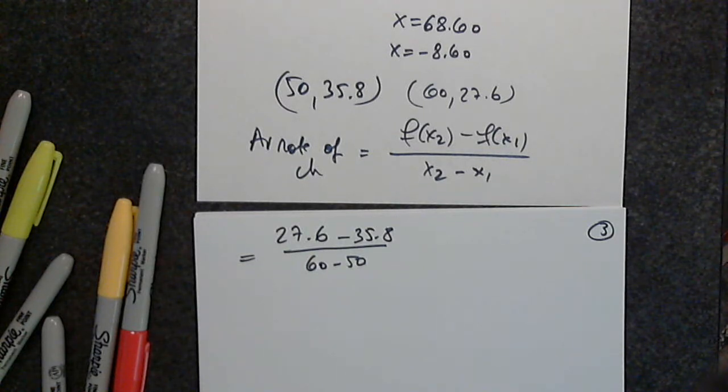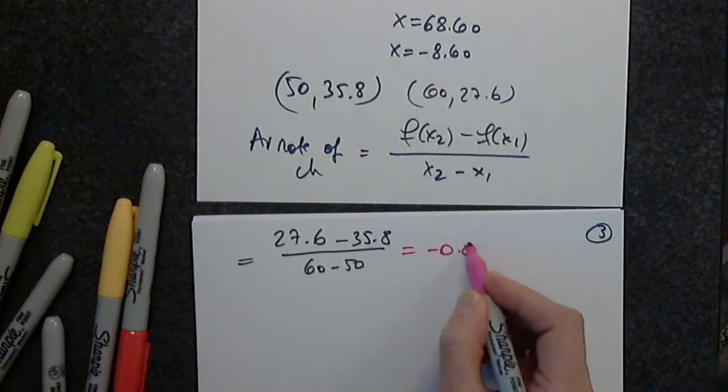Do you expect a positive or a negative trend? Negative, because the slope is negative of that line. Very good, awesome. Minus 35.8. Close the parenthesis, and I know 60 minus 50 is 10, so I get negative 0.82.